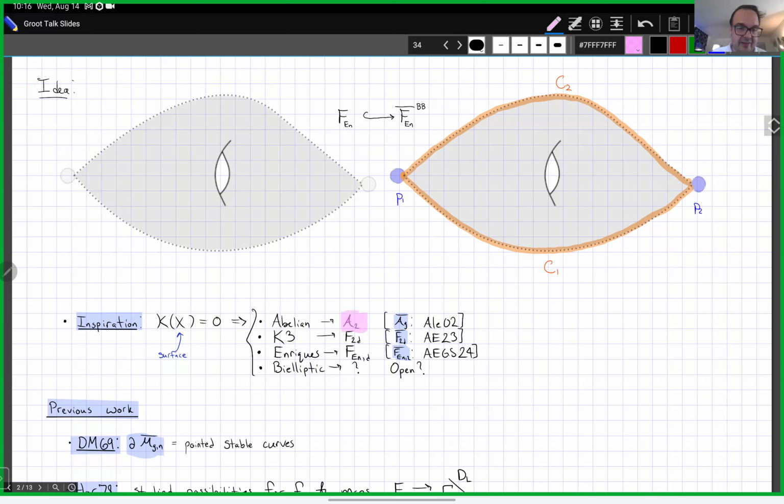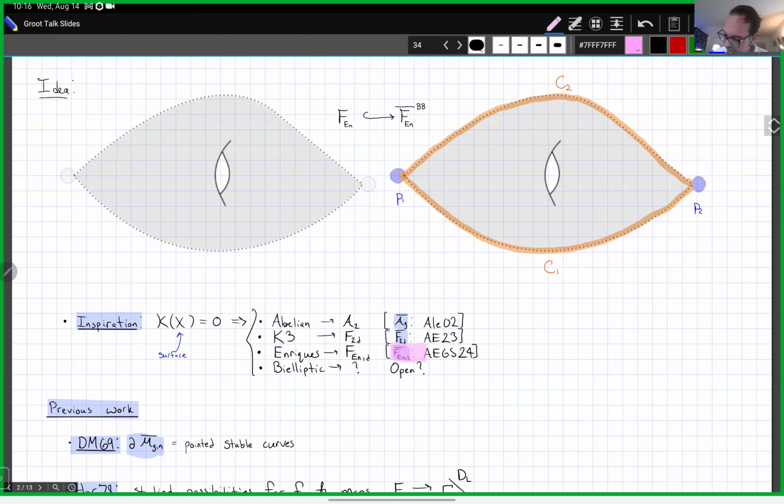A2, the moduli space of principally polarized abelian varieties, a nice compactification of this was constructed by my advisor, Alexeev, in around 2002. F2D, these are degree 2D polarized K3 surfaces, primitively polarized. And this is the subject of a lot of recent work, culminating in a compactification for F2D for all D, due to Alexeev-Engel in 2023.